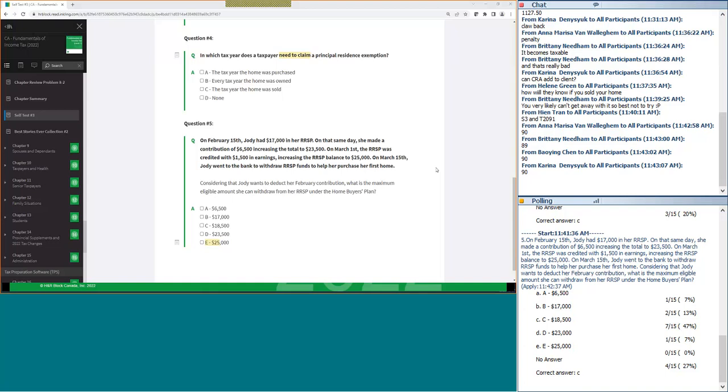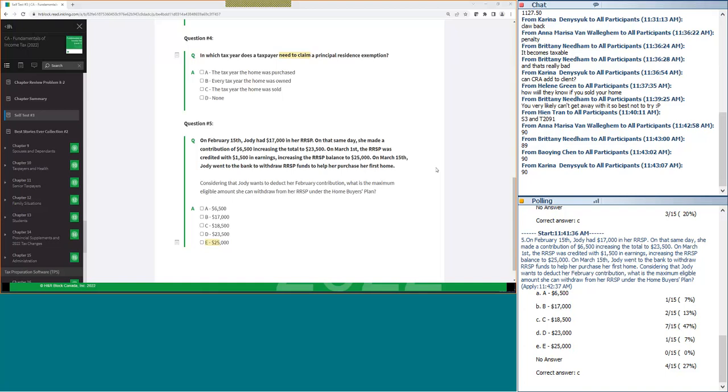The way to think about this, if this helps, is it's first in, first out. So everything in there up to her recent deduction, she can take out safely. But the amount of her recent deduction has to stay in her account. After her withdrawal, it needs to still be in there. So we're going to look at her balance at the end, and that's all the contributions she's made up till now and the growth.